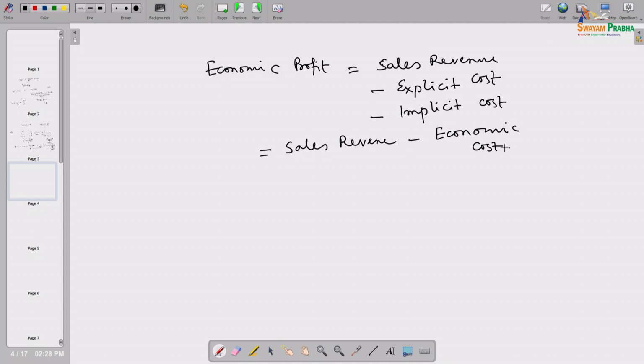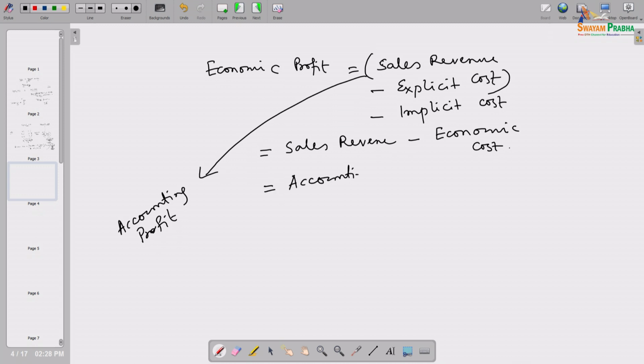And if we simply take sales revenue minus explicit cost, sometimes it is called accounting profit. So, economic profit is basically accounting profit minus implicit cost.